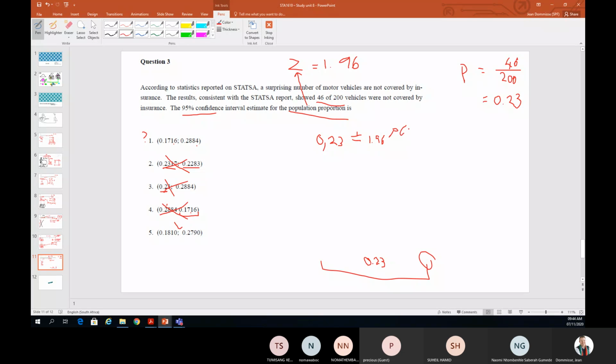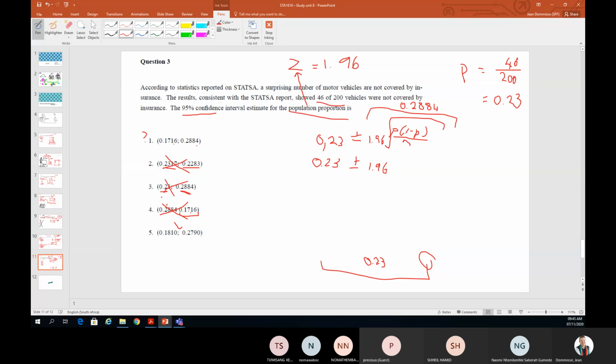P. I just want to write it down again, because this is the one I remember. So the likely answer of that is probably going to be 0.2884.